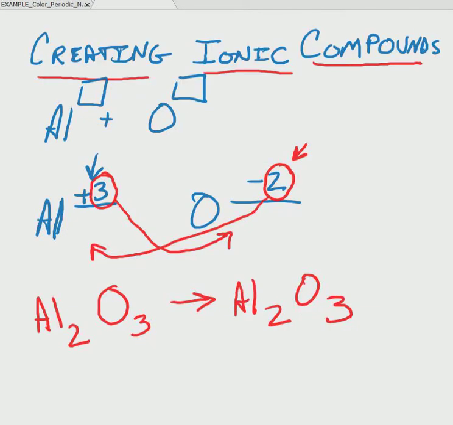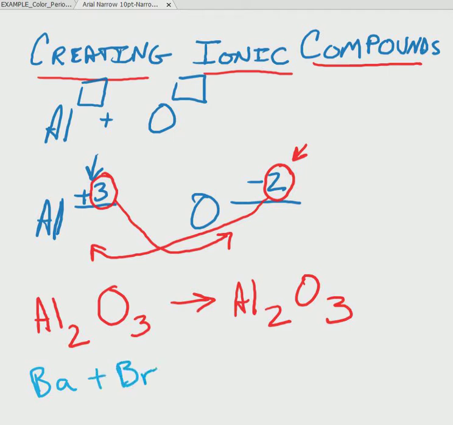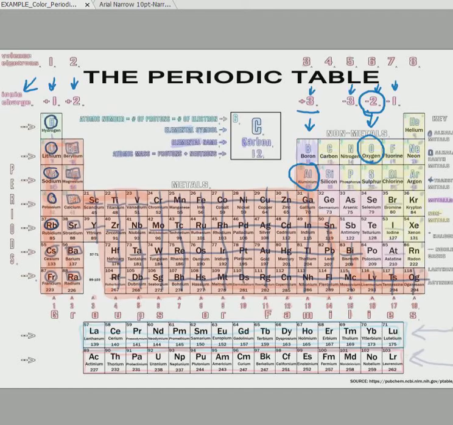Now, if we were going to be working on a different one, all right, so we're going to do a different one, barium plus bromine. Barium, if we look at our periodic table, is down here.